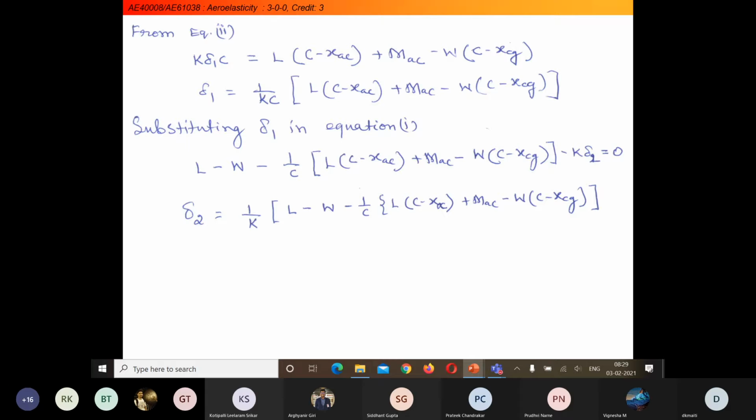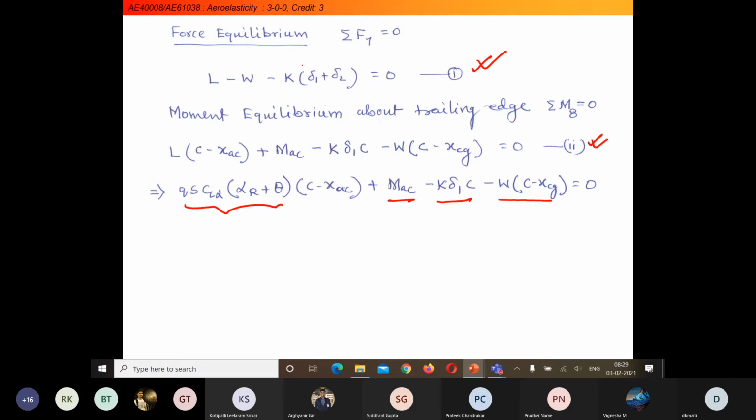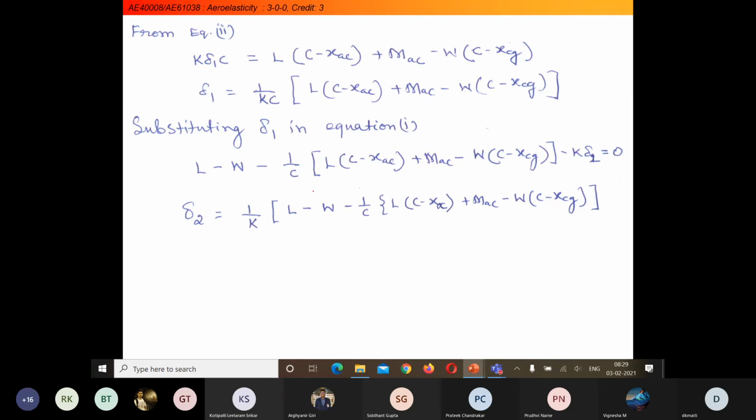Then substituting delta 1 in equation 1, I will get L minus W minus 1 by C into this value, L minus C X AC plus M AC minus W C X CG, and the remaining portion is K delta 2 equal to.